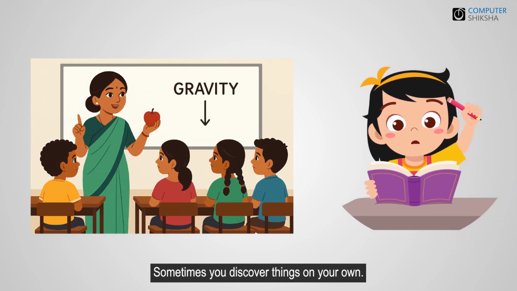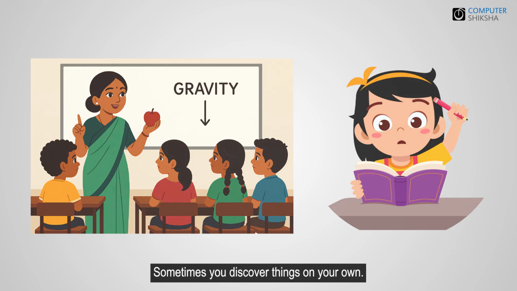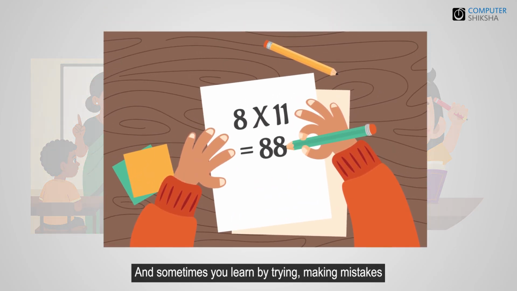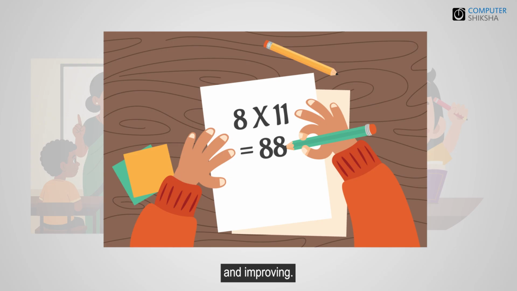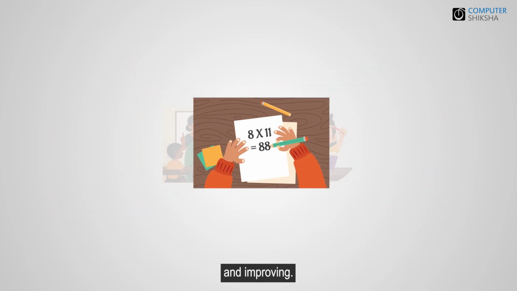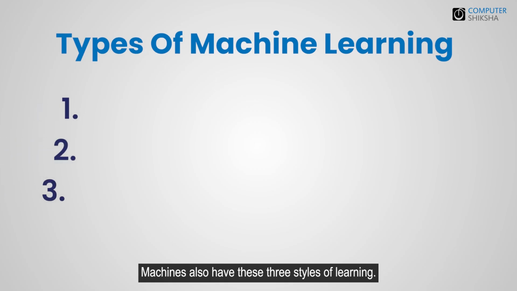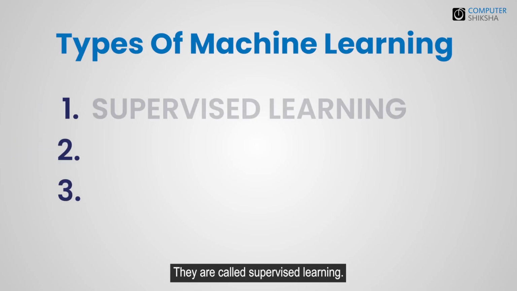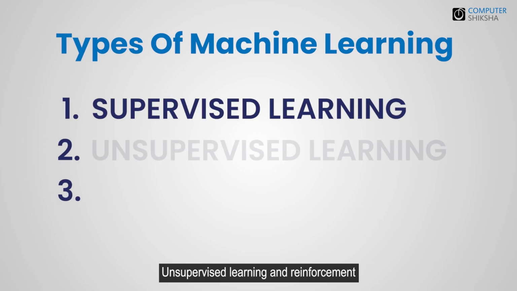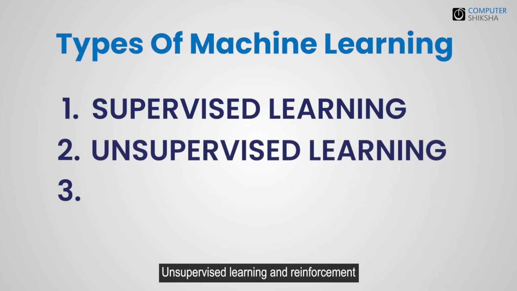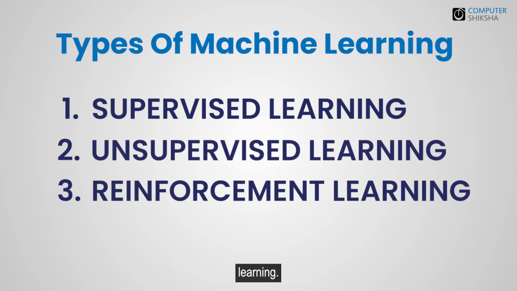Sometimes you discover things on your own. And sometimes you learn by trying, making mistakes, and improving. Machines also have these three styles of learning. They are called supervised learning, unsupervised learning, and reinforcement learning.